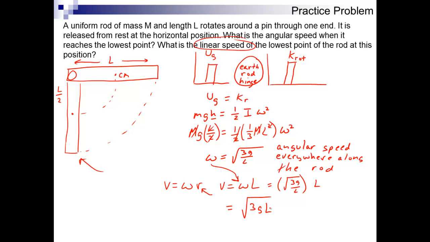So this is actually the linear speed of the end of the rod. So that's the speed v when it gets to this spot right there.